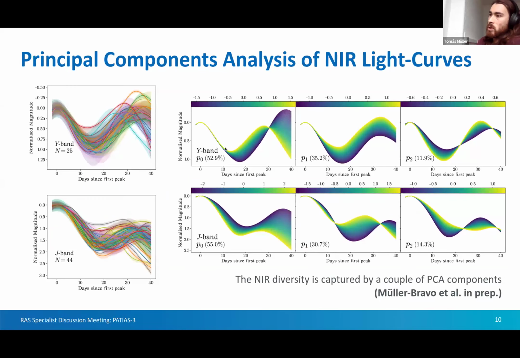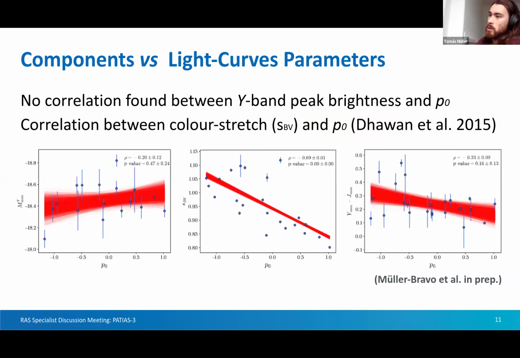Now, if we go back to this first component, it is telling us how prominent and how early or late this second peak is happening, and this correlates with this color stretch. Now, this is not quite new. If we go back to 2015, Dhawan found this correlation between, I believe, the peak brightness of the second peak and the stretch delta m15 of Type Ia supernovae.